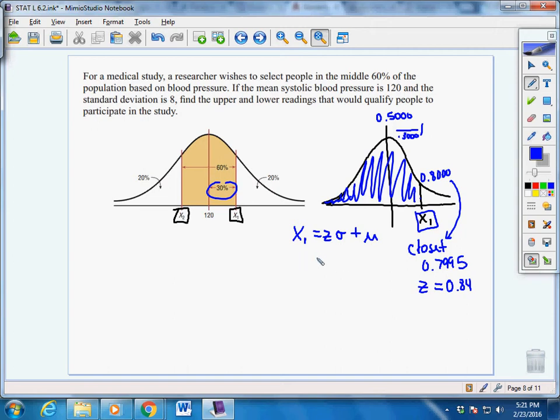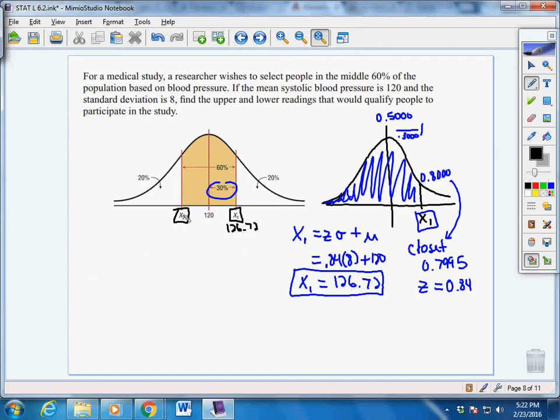Plug things in: z-score 0.84 times our standard deviation, 8, plus our mean, 120. It gets our first value, the positive value over here, to be 126.72. So that's going to be this value right here.